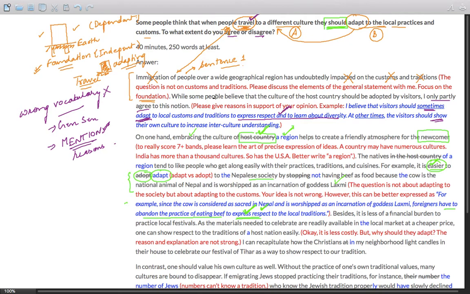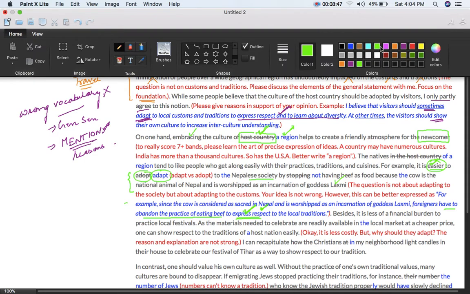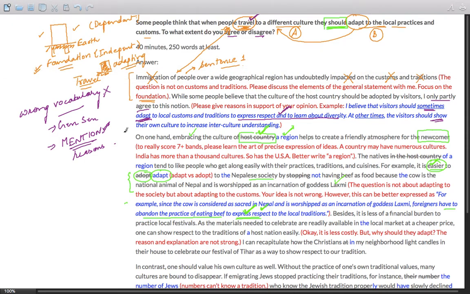Now let us structurally try to understand where exactly does this idea and the explanation stand. So the idea is over here. This is the idea 1, that it helps to create a friendly atmosphere. And here is the explanation. And explanation seems to be fine. Explanation is also good.